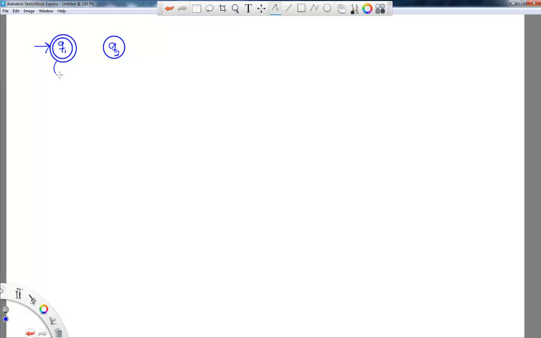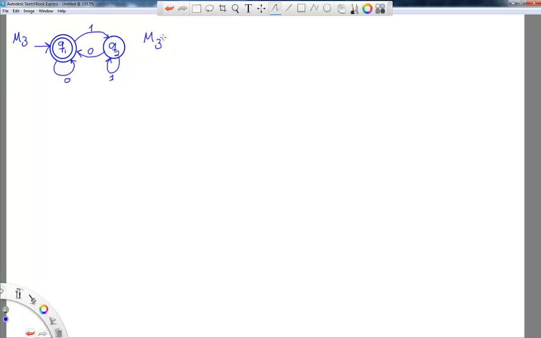So again, in Q sub 1, with a 0, we stay in Q sub 1. With a 1, we go to Q sub 2. In Q sub 2, with a 1, we stay in Q sub 2, and with a 0, we go back to Q sub 1. So this is M sub 3.